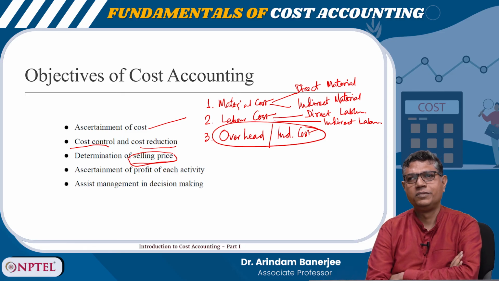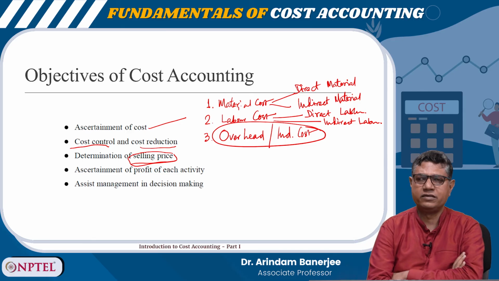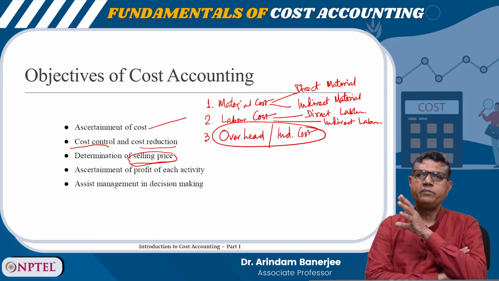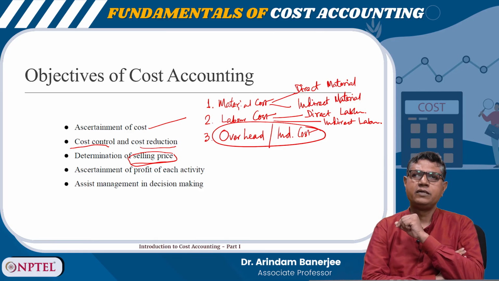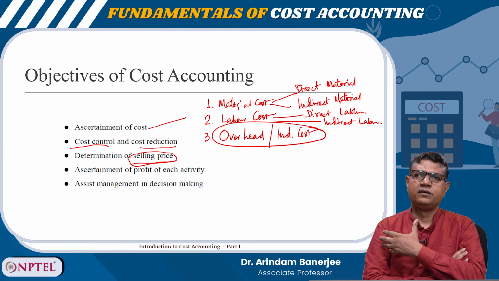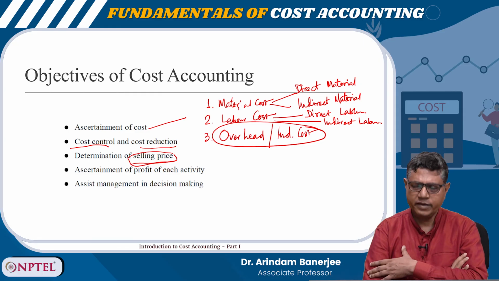How much cost the company is incurring for each activity, and how much profit. If the cost is known, you can also see how much profit each activity is generating. And when we are doing so, the ultimate objective is to assist the management in decision making. The more knowledgeable the management becomes about the cost records, the easier it will be for the management to take decisions.